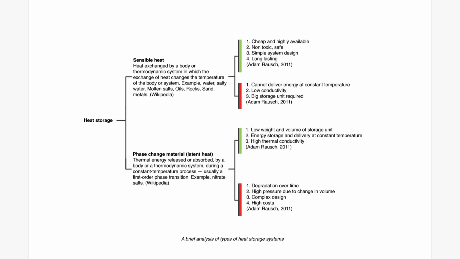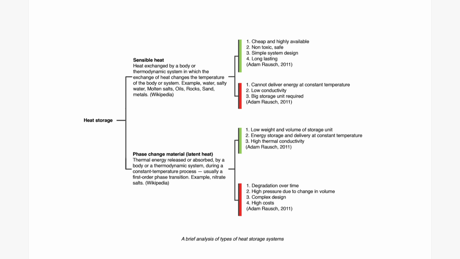For example, in sensible heat, if you're storing your heat in vegetable oil, then you would need a large insulated tank to store that much oil. It's a bit science based, but when you see the pros and cons of both sensible heat and phase change material, they each have their own pros and cons.